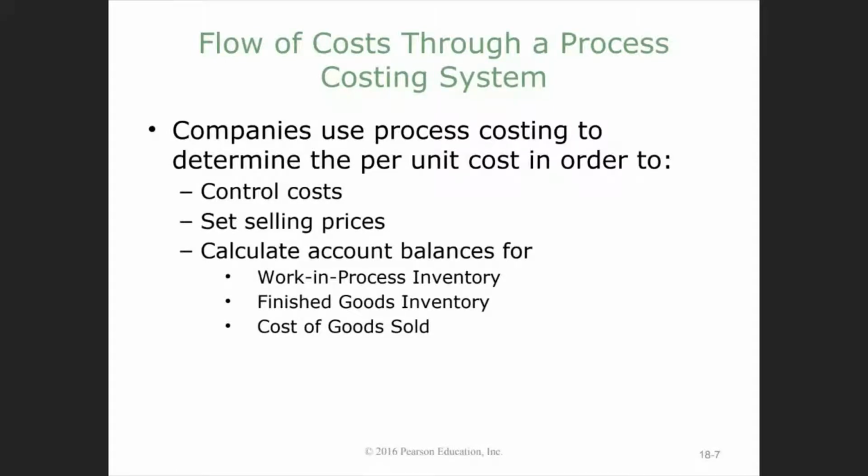Companies use process costing to determine the per unit cost in order to control cost, set their selling prices, and calculate account balances for their work in process inventory, their finished goods inventory, and their cost of goods sold.